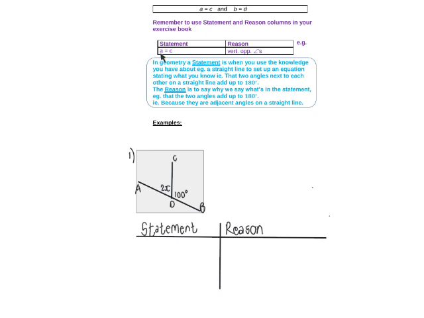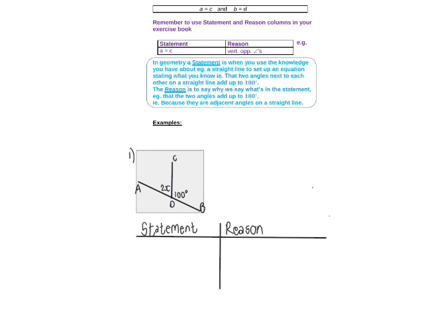For example, the statement is the knowledge we have, that A and C would be equal in size because in the picture they are vertically opposite angles. In geometry, a statement is when you use the knowledge you have about, for example, a straight line to set up an equation. So we make up an equation to convey the knowledge that we have about what we see in the diagram.